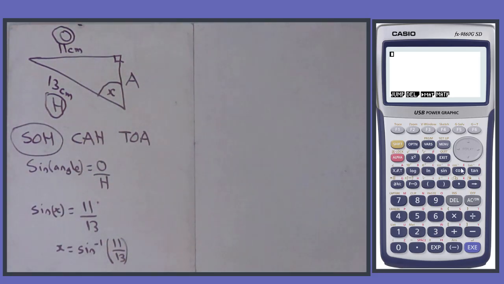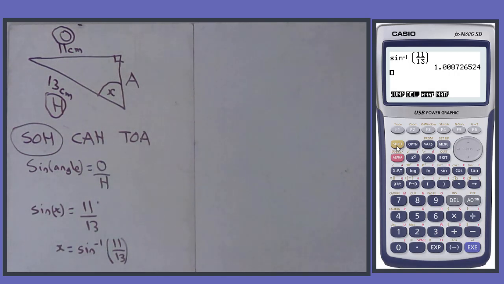So I'm going to go to my calculator and I'm going to press shift sine. You can see it's come up like that, and then I'm going to, with a bracket, make it say 11 over 13. But just remember, whenever you're finding an angle, you need to do the inverse. You need to do the shift. So shift sine, shift cos, shift tan. And that doesn't look very sensible, and I'm quite pleased that happened. It doesn't look reasonable for that to be 1. My calculator is in the wrong mode, so if that happens to you in an exam, do recognise that, because don't forget, when it's in an exam, I'm not going to come up and reset your calculator.